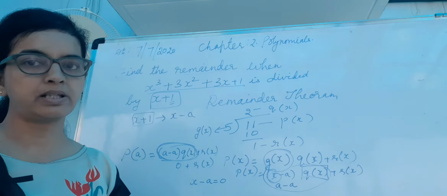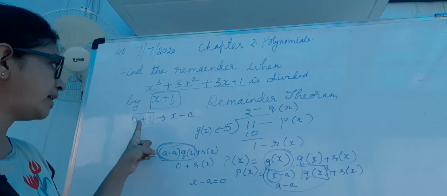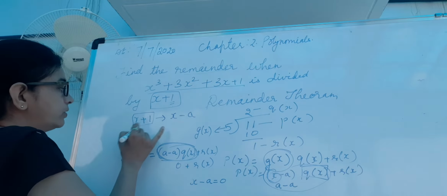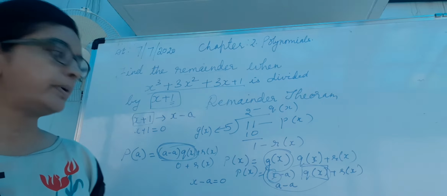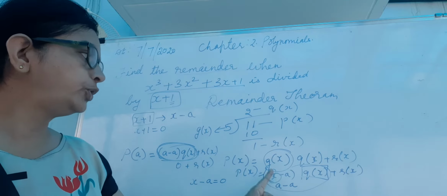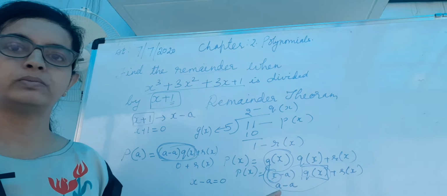It is x plus a. So now I will write x plus a is equal to 0. Why? Because in the division algorithm, we have used x minus a is equal to 0.